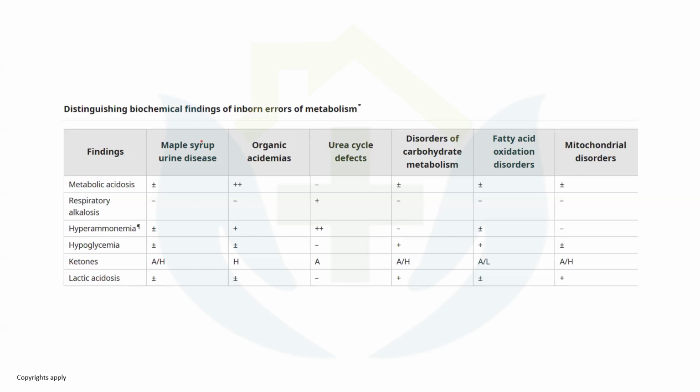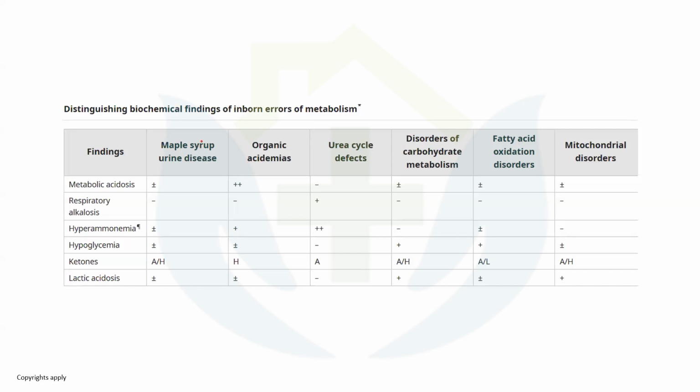If the hyperammonemia pattern comes, this will mostly fit with a urea cycle defect, because ammonia is metabolized in the liver to make urea, and if the urea cycle enzymes are deficient, the hyperammonemia picture will come. So you have to identify the pattern of illness and the pattern of biochemical findings which will fit the disease. So hyperammonemia will be in the urea cycle defect.